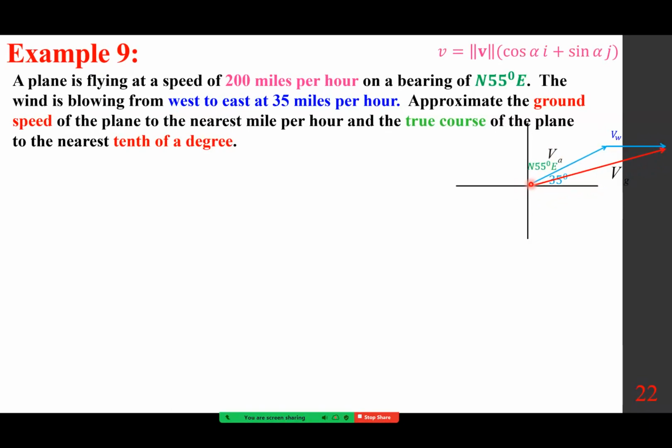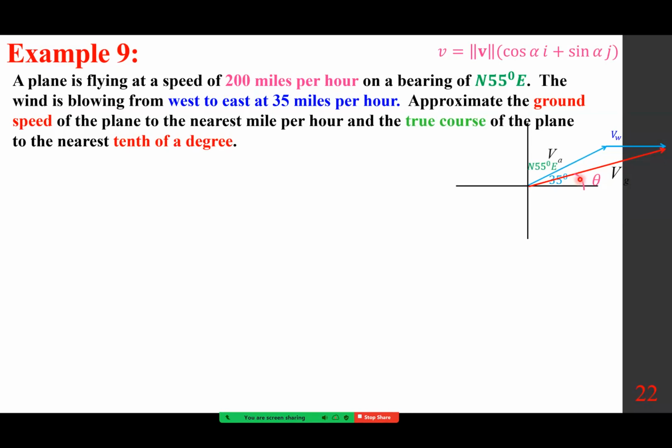So this is how the plane is going. This is how the wind is blowing, and this is the actual result, in a matter of comparing it to the ground. So we're going to compare it to the ground as far as the speed is concerned, as far as the true course is concerned. So let's see what we have here.